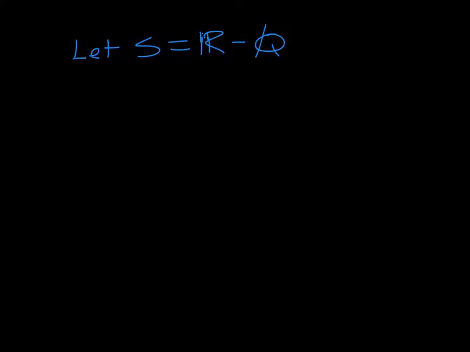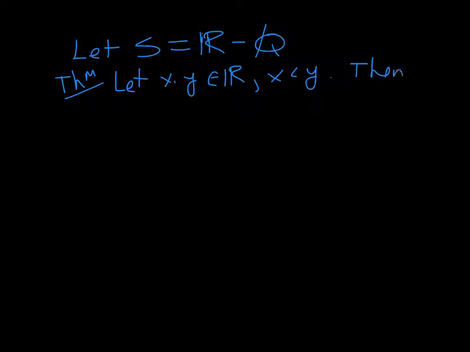And so we get a theorem that starts out the same as before: let x and y be real numbers with x less than y, then there exists a little s inside of big S with x less than s less than y.